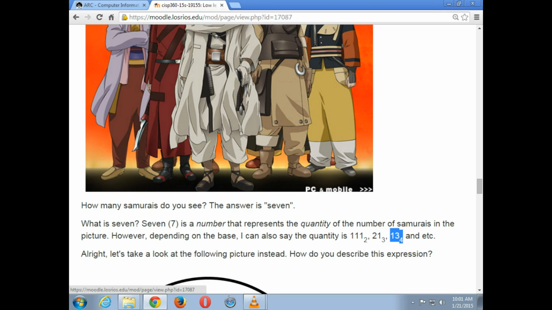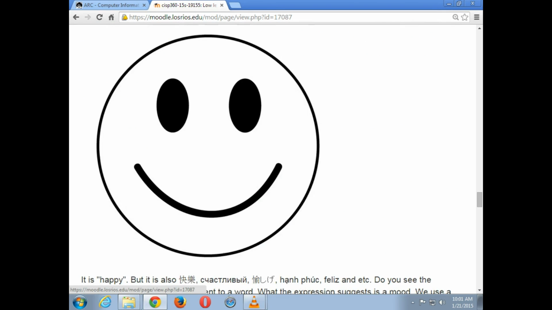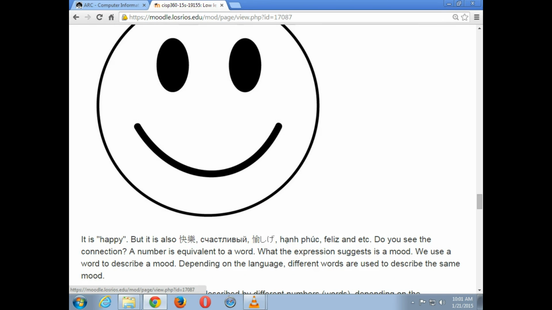Okay, so let's kind of hold that thought for a moment and look at this picture. How would you describe the emotion usually associated with this picture? It's a happy face, right? Well, to you it's a happy face, but depending on the language that you're familiar with, you can also refer to it as this, which is Chinese.